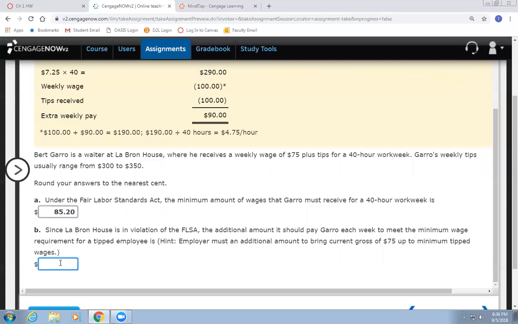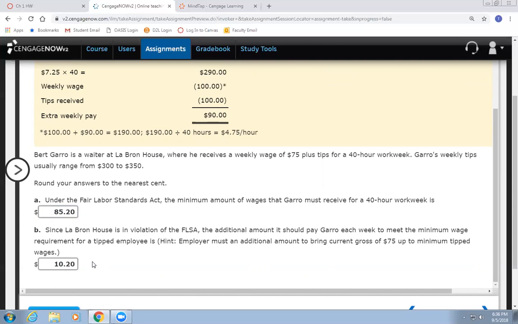It's a lot of words, but we need to be paying him $10.20 more each week to be up to standards on the Fair Labor Standards Act, to be out of violation. They could choose to pay him $100 a week or something like that. But they have to pay at least $85.20 for a 40-hour week.